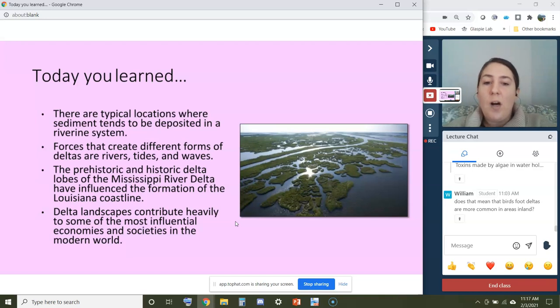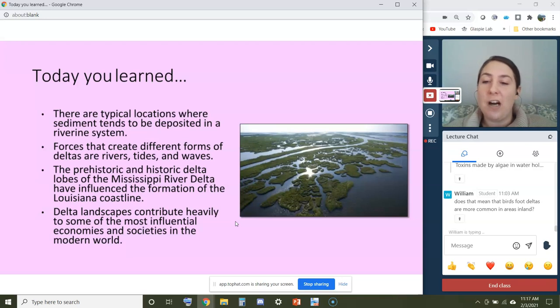All right, so we covered a lot of ground today, everything from geology and sediment deposition to elephants and the building of a megacity. So it's definitely a potpourri of topics. Today you learned there are typical locations where sediment tends to be deposited in riverine systems.